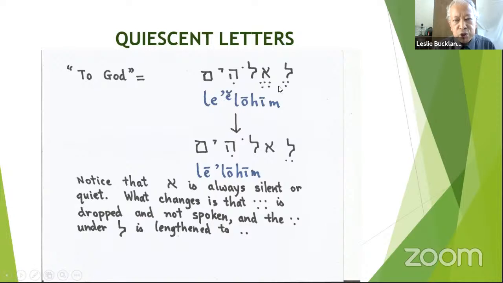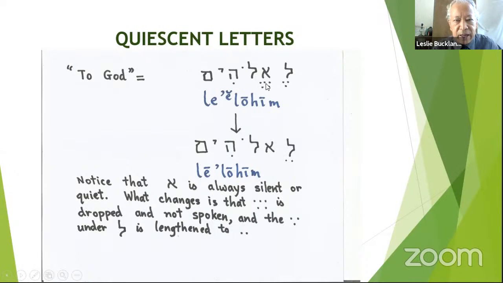So, since two Shawas cannot be together, you cannot have a simple Shawa here remaining as it is. What is needed is that the Segol that is part of the composite Shawa has to be duplicated so that it goes over here also underneath the Lameth. So now you have the Lameth followed by a fully developed short vowel, le. So this is the first stage.